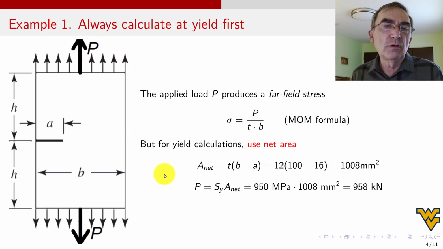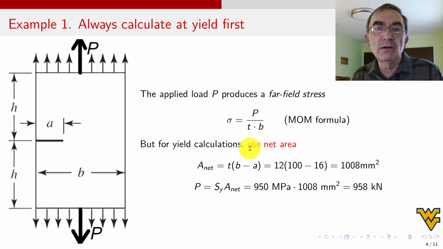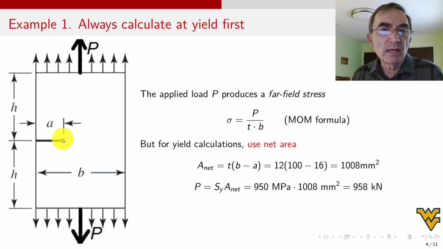So first of all, we know that the applied load produces a far field stress. This is the stress far from the crack, which is P divided by the area, T times B. T is the thickness, B is the width, so that's the area. That's a mechanics of materials formula. But to do the yield calculations of P, we have to use the net area, because we don't have T times B, because B has a crack that was cut with a hacksaw, and it's 16 millimeters deep out of 100, so that means 16% of the cross-sectional area is gone.